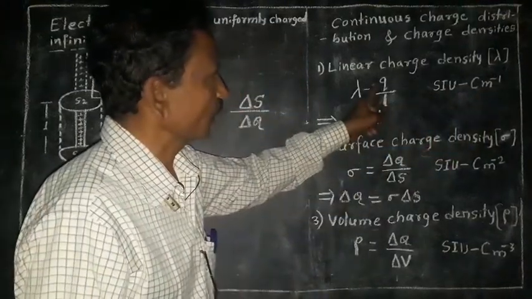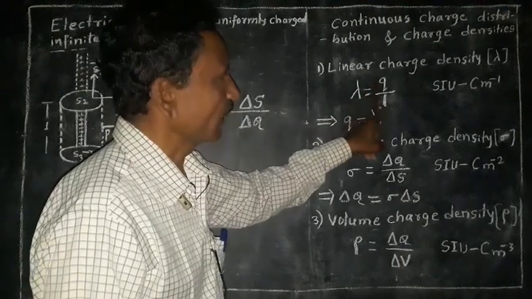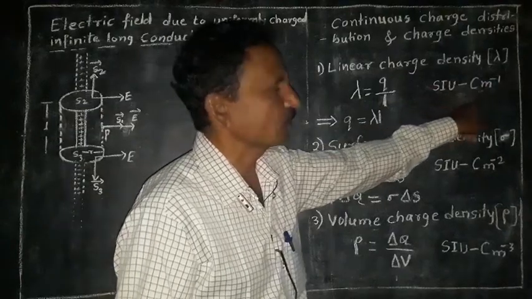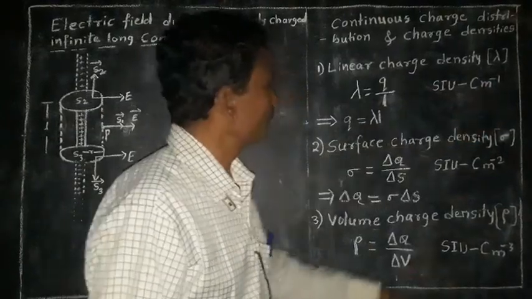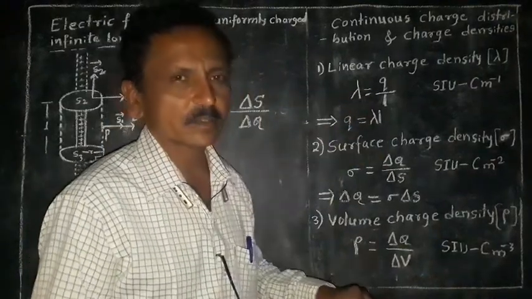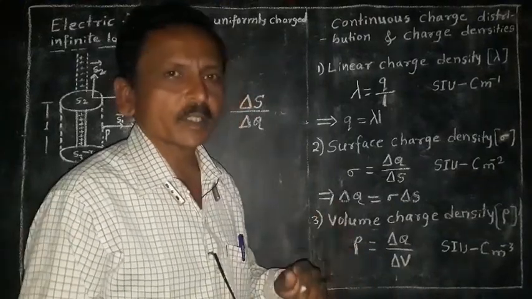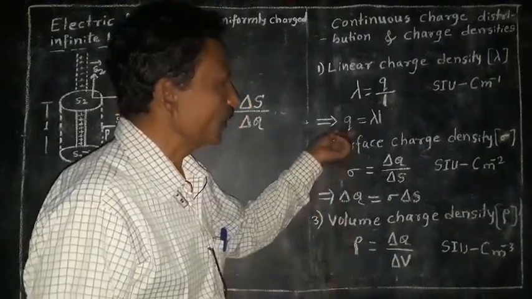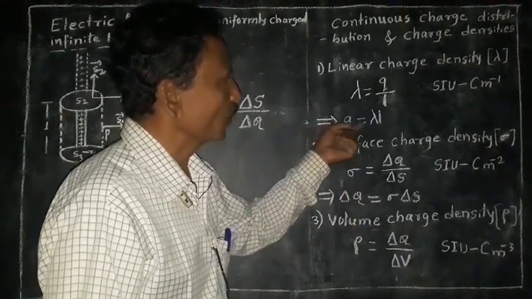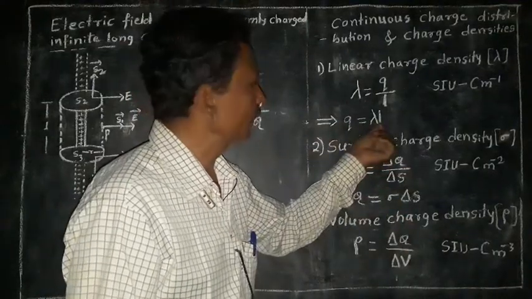Charge Q is in coulomb and length is in meter. Therefore, the SI unit of linear charge density is coulomb per meter. This implies Q equal to lambda L. Thus, the charge distributed on a body is calculated as Q equal to lambda into L. Here lambda is the linear density of charge.